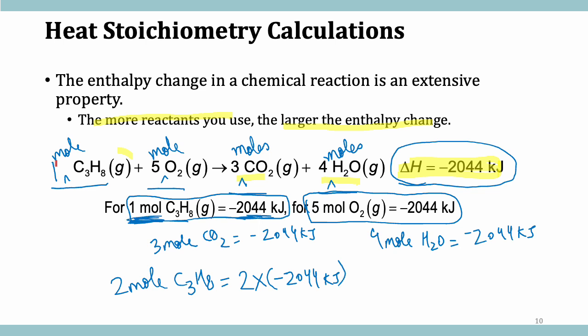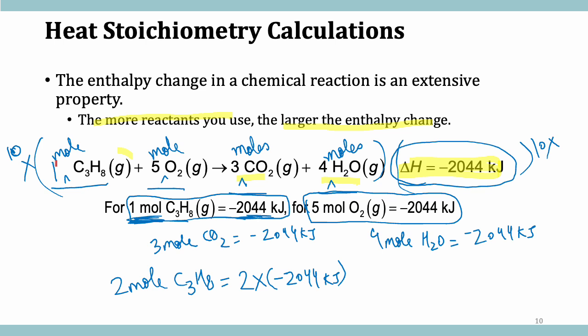So if I do 2 moles of reactant, the heat would be twice, which simply means if I do this reaction 10 times, then how much heat would be released? The heat would also become 10 times.